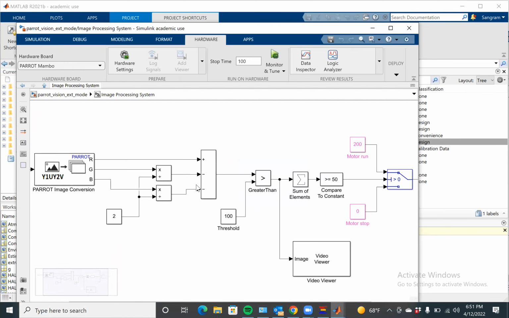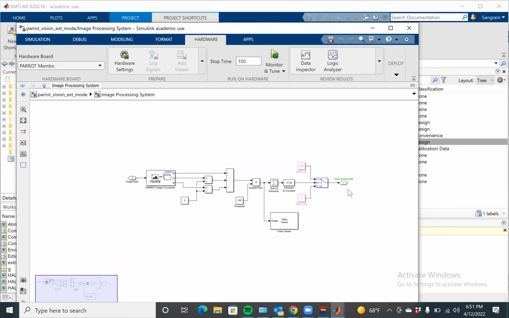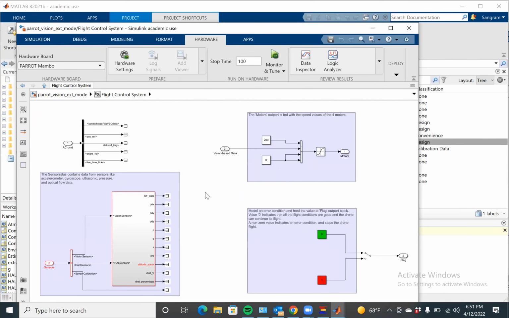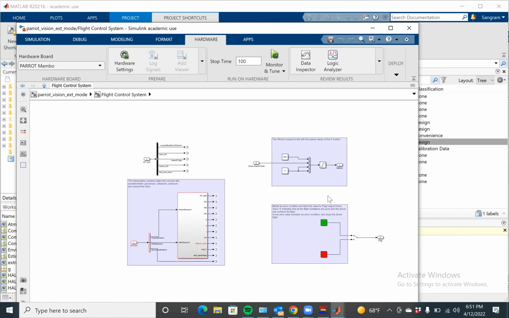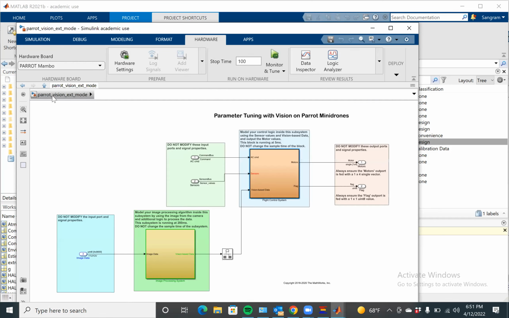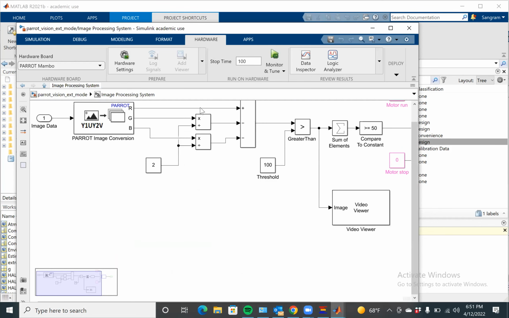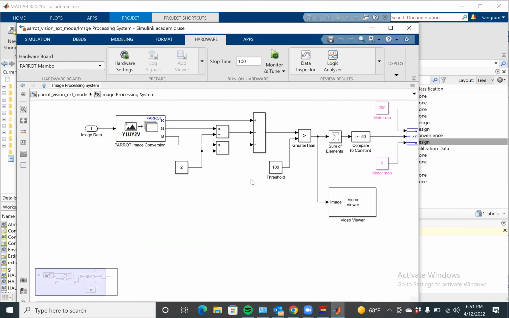This RGB data gets fed in, and you can use this for detecting a particular color. Based on that color, you can actually tune the motors. If you want to implement maybe line following, you can go here, take this image data, implement your image processing algorithm over here, and do the line following.